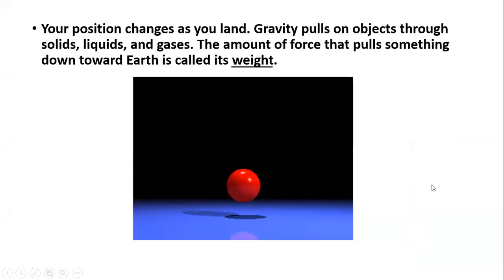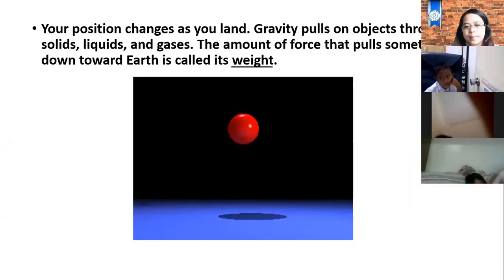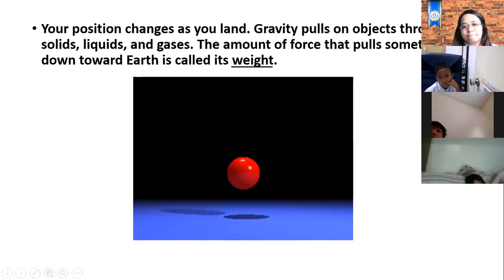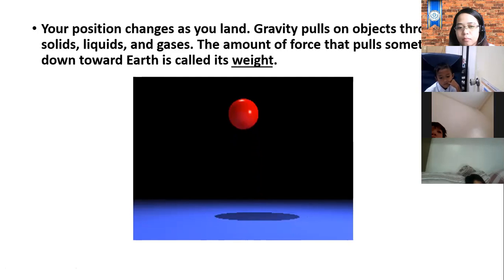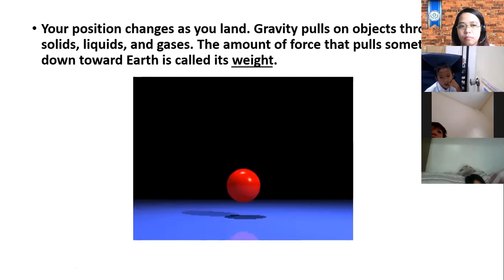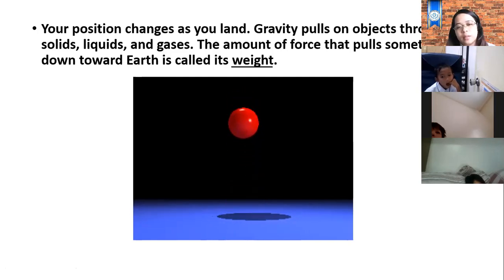Another example is this one. You can see the ball bouncing up and down. Why doesn't the balloon do the same thing? Because it has air. But the gravity on Earth is different.